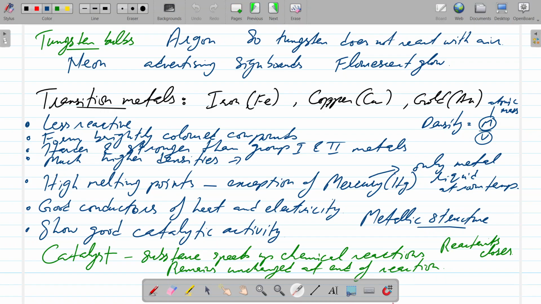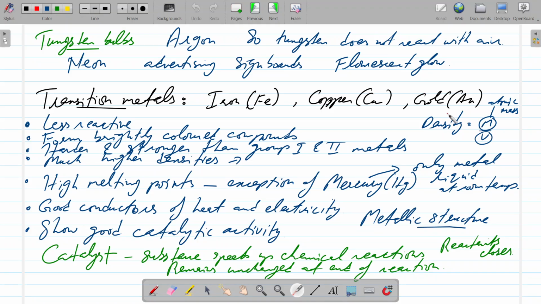All right, yes, you have a question? I was asking, do these transition metals belong to a specific group? No, because the groups are organized in terms of the outermost electrons, their ionization state basically.